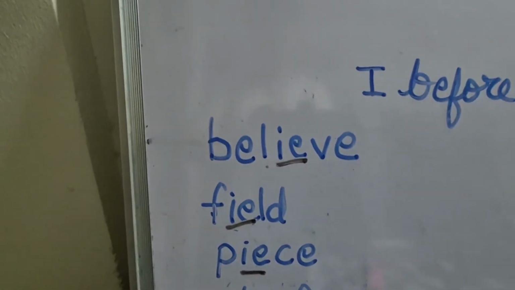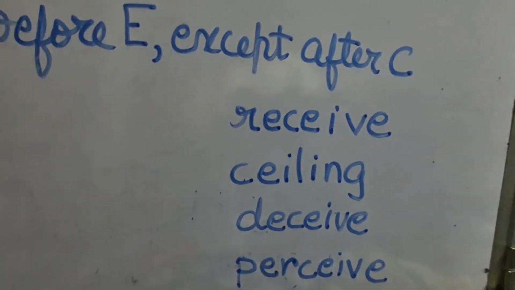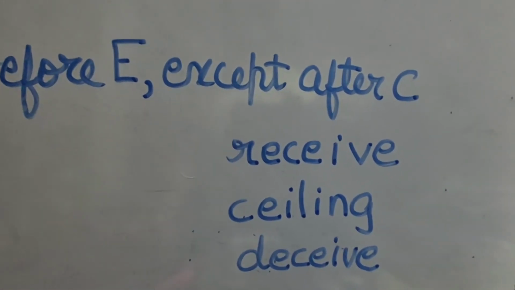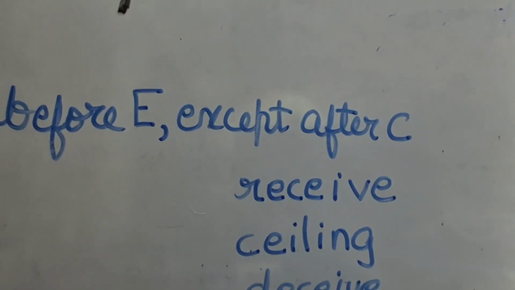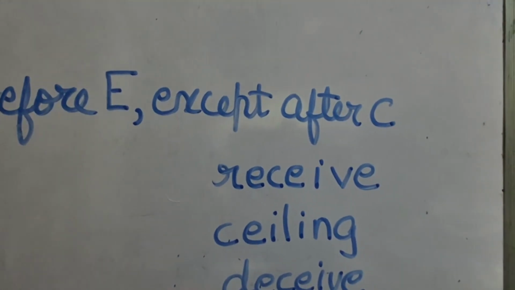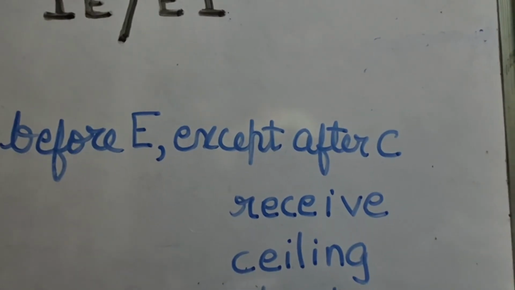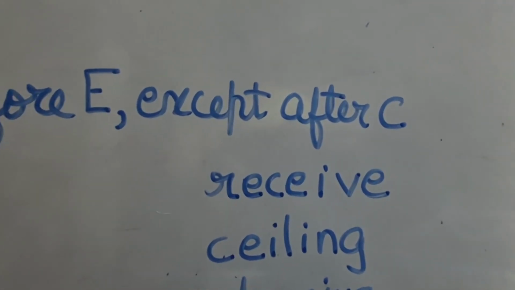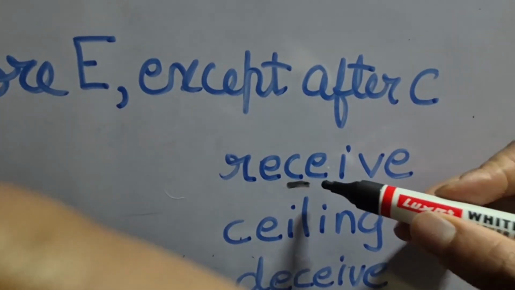Okay. Now step 2. Check if there is a C before the sound. If there is a C, then the order changes. Now E comes first and I comes second. See the example? Receive. Okay, here C is there. So order changes.